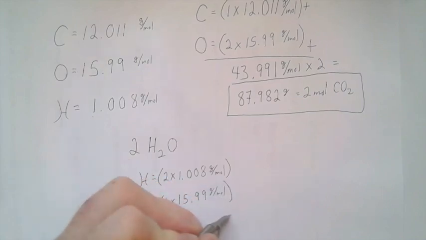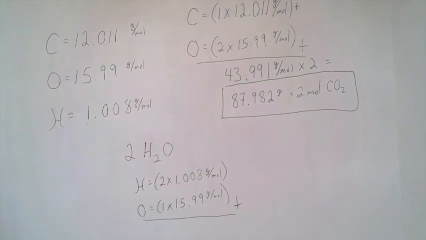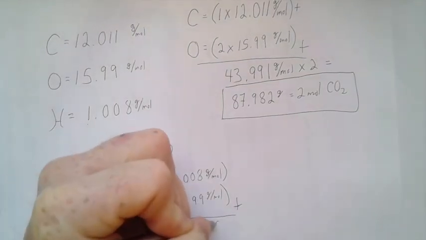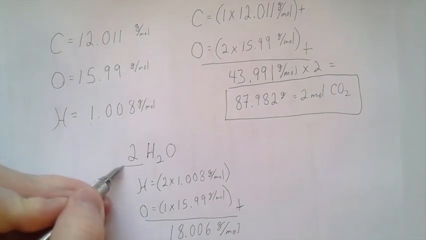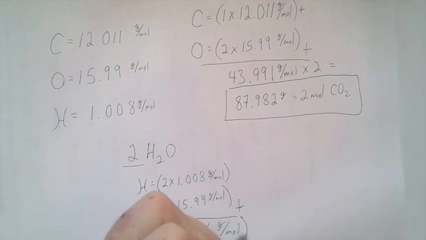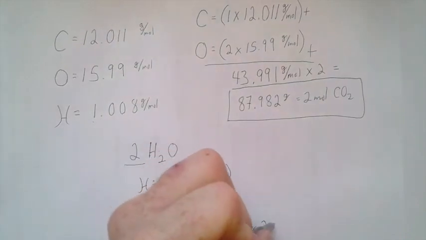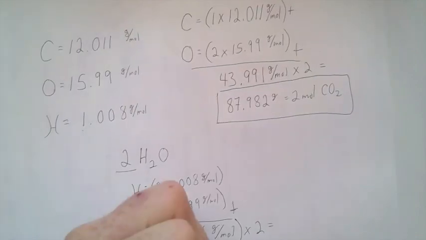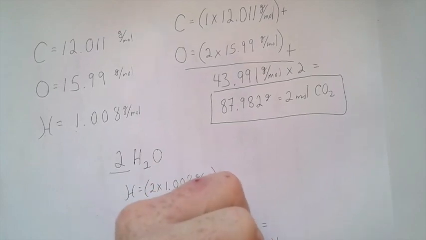Again, simply add it up, and what you get is 18.006 grams per mole. Again, we don't have 1 mole of it, we have 2 moles of it. So I'm going to take this number and multiply it by 2, and you should get 36.012 grams is equal to 2 moles of water.